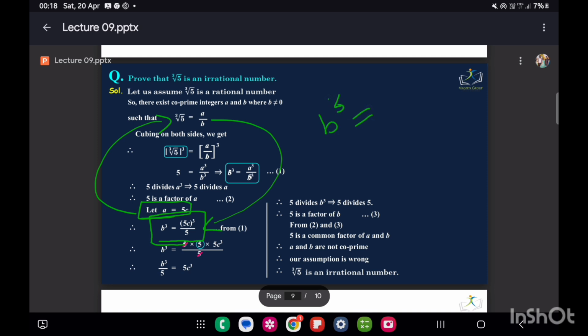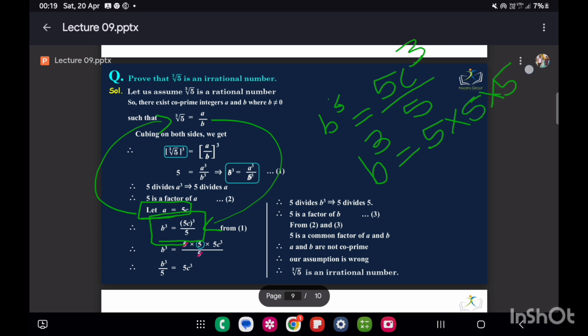So b cube equals 5 into 5 into 5 into c cube divided by 5.